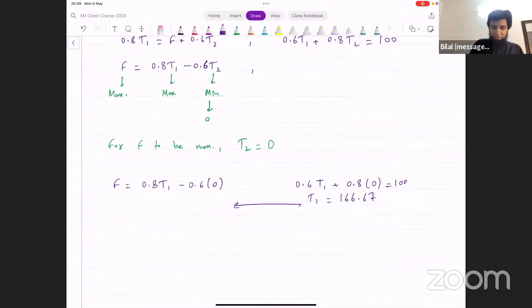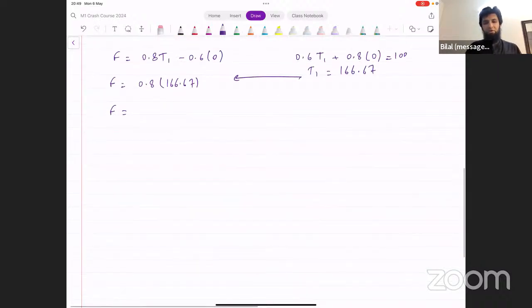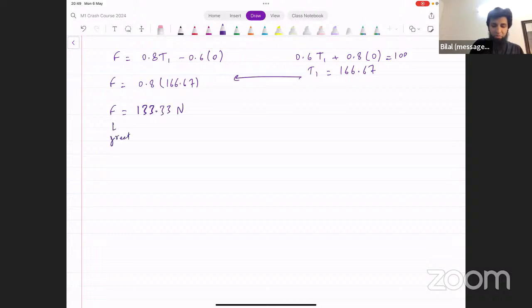Put that in the first equation. That gives you F equals 0.8 into 166.67. That's 4 over 5 of this value. What does this turn out to be? 133.33 Newton. That's the greatest possible value of F that you can get here.